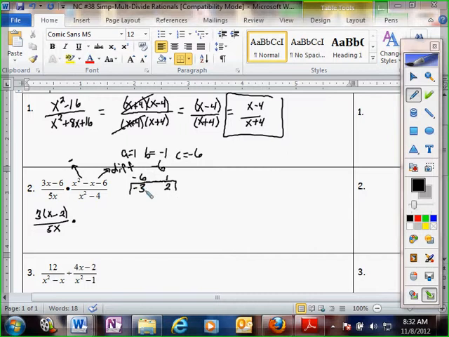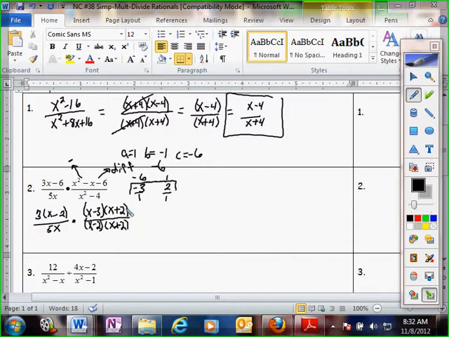My next step is to divide by A, which is 1. Reduce if I can. They cannot reduce. So I have for the top here x minus 3 and x plus 2 over, this is a difference of squares, the denominator of my second fraction. I have x minus 2 and I have x plus 2, and so I look to see what cancels.